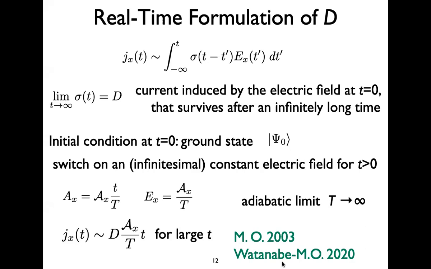So this is now a real-time response function for the current. And this argument of sigma corresponds to the delay between the applied electric field and the actually induced current. And this real-time response function can take, in general, many different forms.